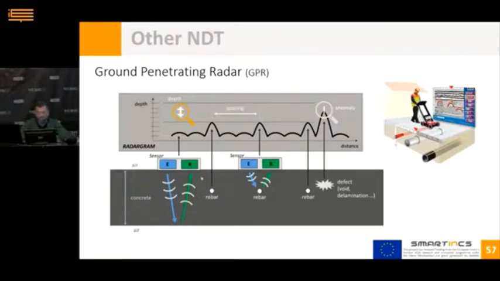The receiving antenna records the reflected signal, and it is stored and plotted on what is known as a radargram, a graph showing the depth and distance at which the wave has been reflected.